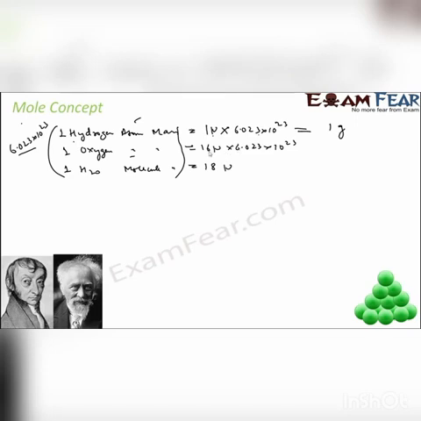So if you see, this is 1 into this, 1 gram. 16 into this will be how much? 16 gram. Simple maths. This also you multiply. So 1 into the Avogadro number was 1 gram. So 18 units into the Avogadro number will be 18 gram. And these are nothing but, if you see, molecular mass.